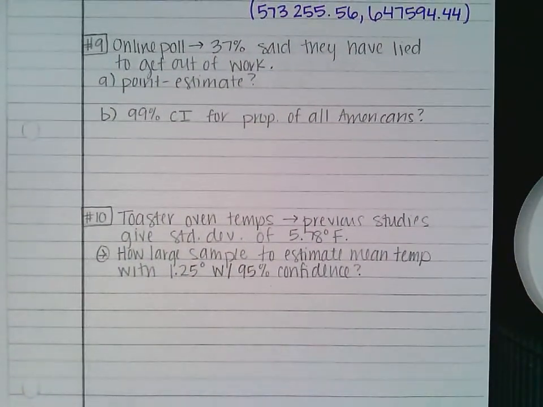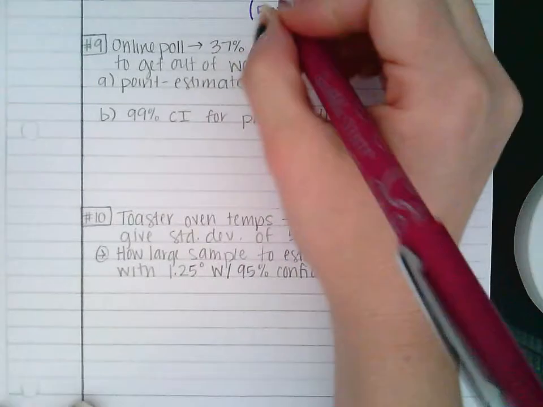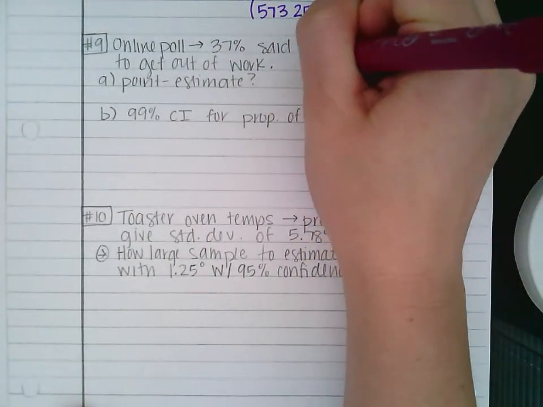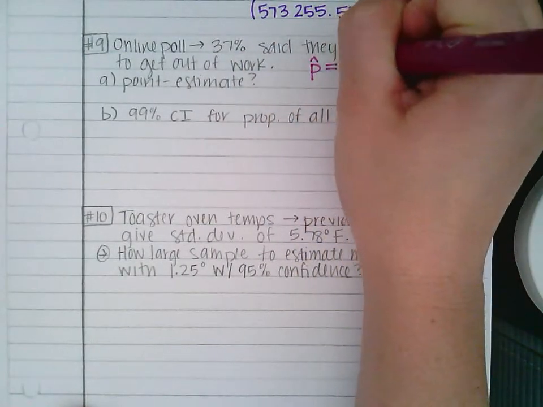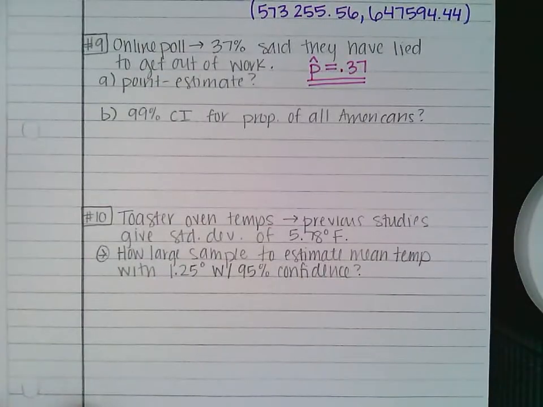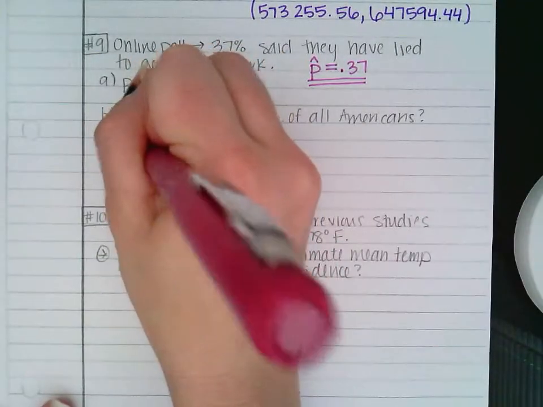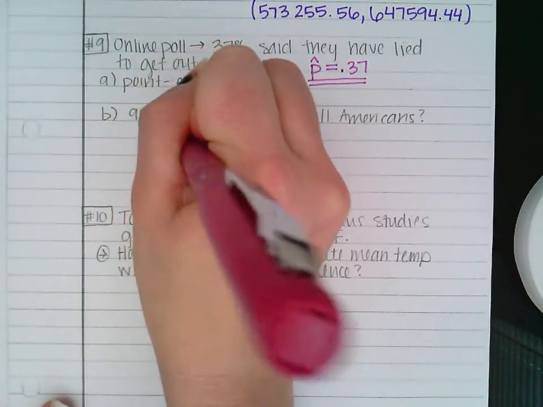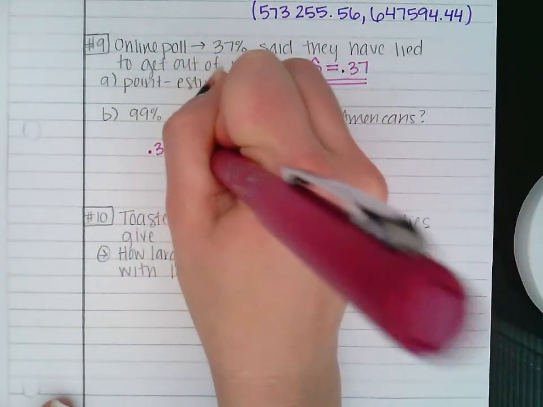All right, an online poll, 37% said they have lied to get out of work. Okay, so this is again a yes/no question. So we're looking at proportions here. So my point estimate is 0.37. I'm now going to use that to create this 99% confidence interval.